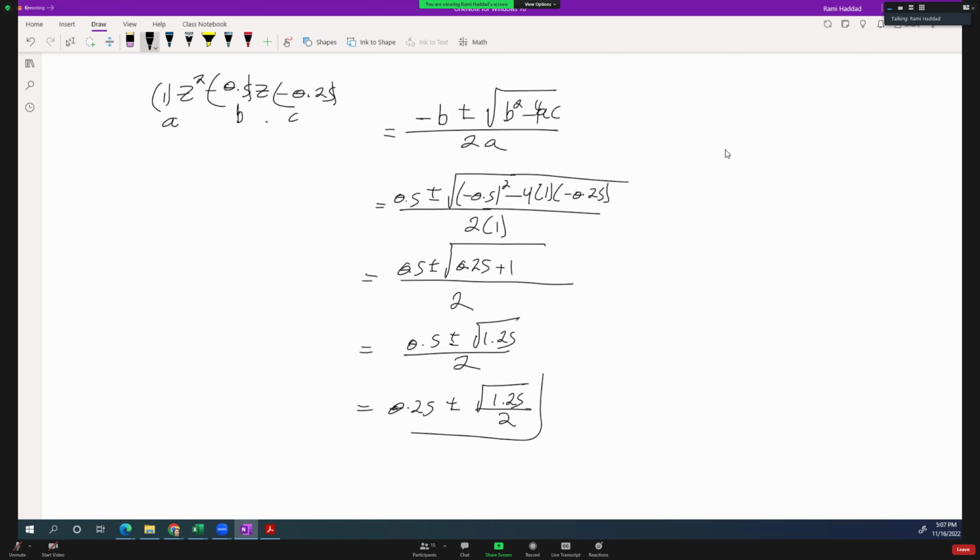I kept it as is because I didn't have a calculator, but you could plug it into the calculator and find out what this value represents. Does that answer your question?